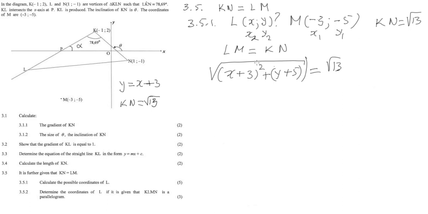So we have to remove the square root. If you remove the square root, we have x plus 3 all squared plus y plus 5 all squared equal to 13.